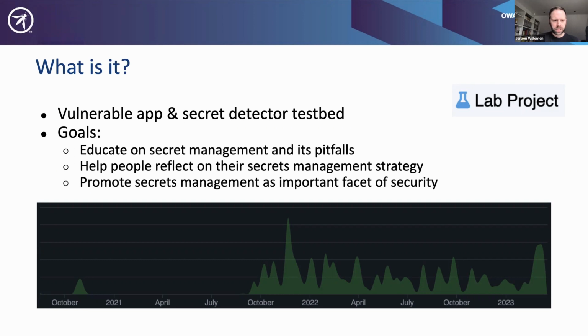So our project started to exist in October 2021, when we wanted to give a presentation on how to automate secrets creation and embedding using HashiCorp Vault and your CI/CD setup. And a little later, we started actually working on that on an actual OWASP project basis.